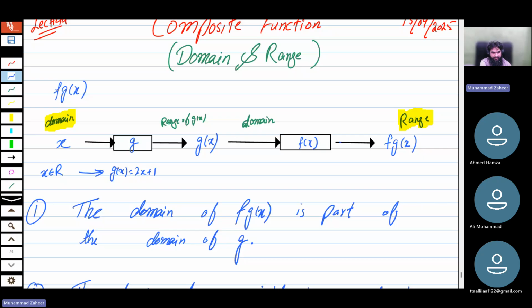Is it clear? We have g of x equals 2x plus 1. I told you if you have a straight-line-like function, you can substitute all values. There is no value that is restricted, that you cannot substitute.